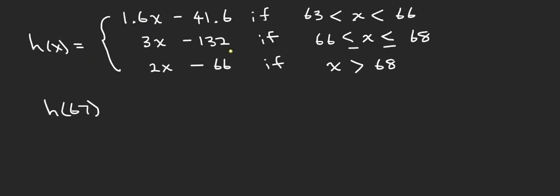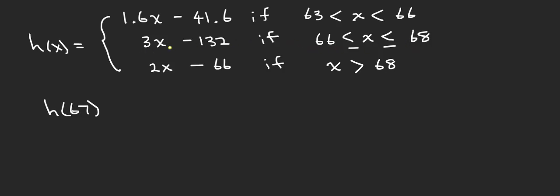We have a piecewise function here, and they want you to evaluate h of 67. Now notice, look at the domain. Where does 67, the x value, belong to? Well, it does not belong to the first piece. What about the second? Yes, 67 is between 66 and 68.